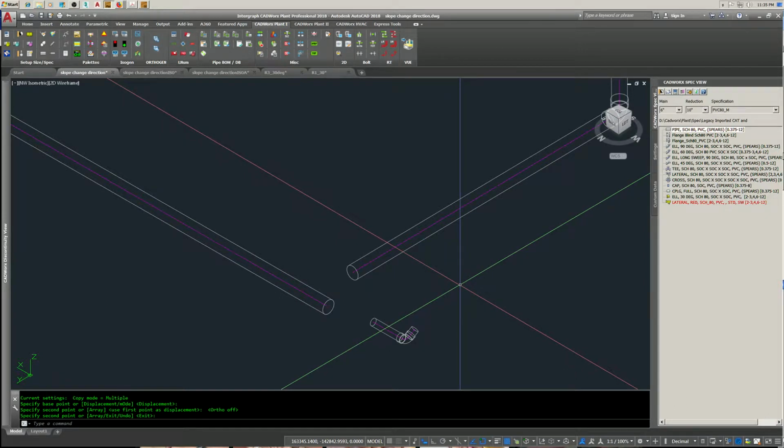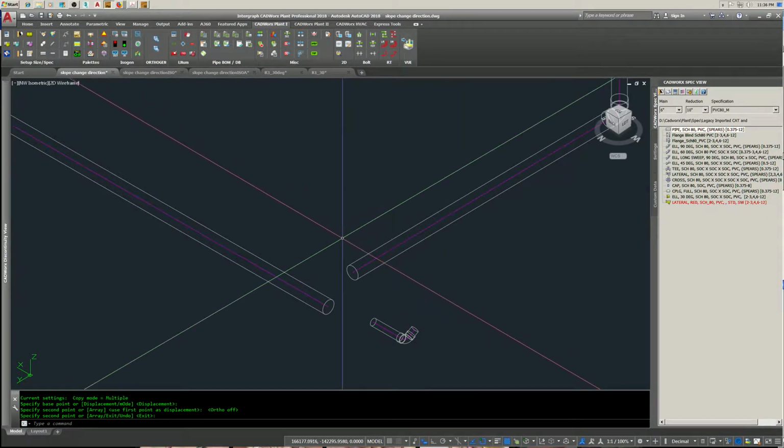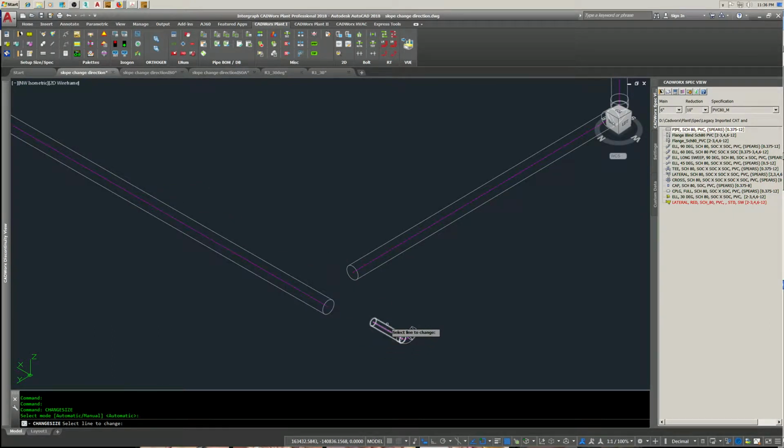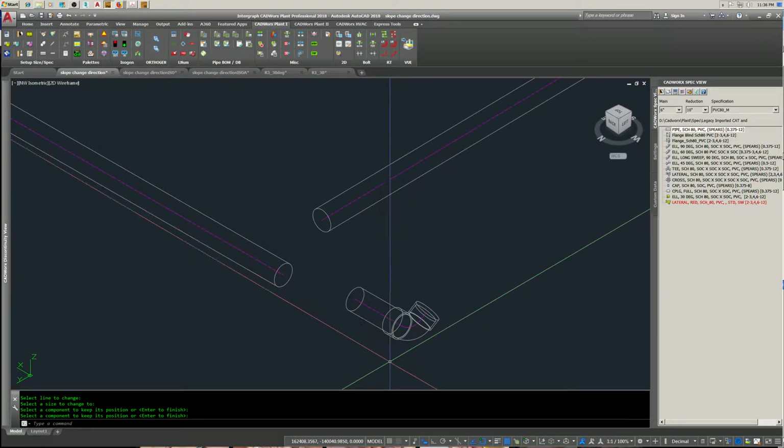So rotate your model so it's aligned to the world coordinate system. You can always rotate it back to a site north if that's what your client wants to see at the end of the project.